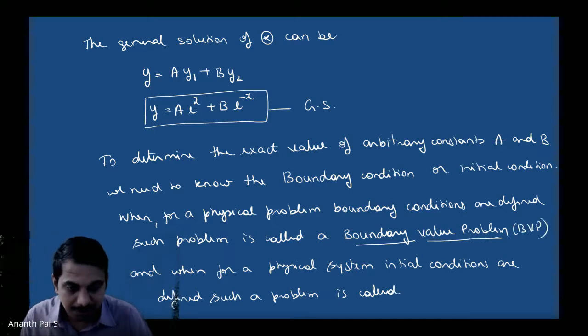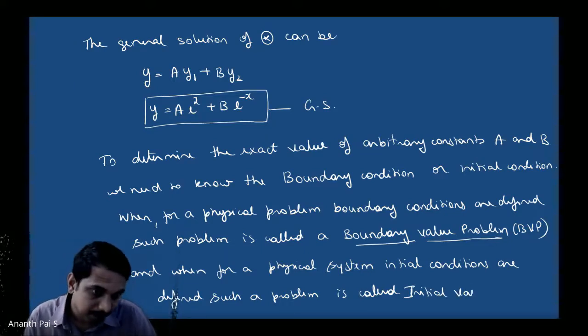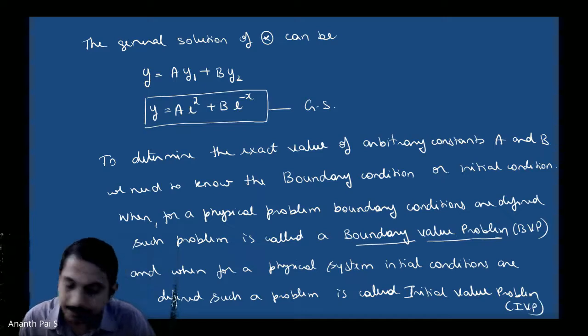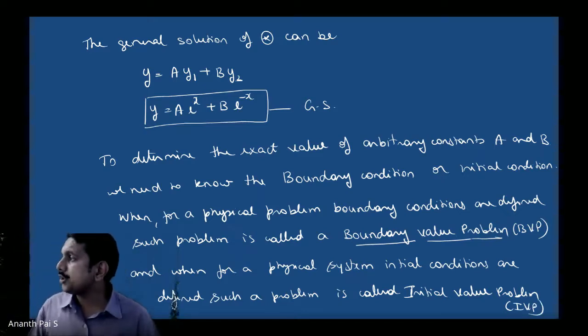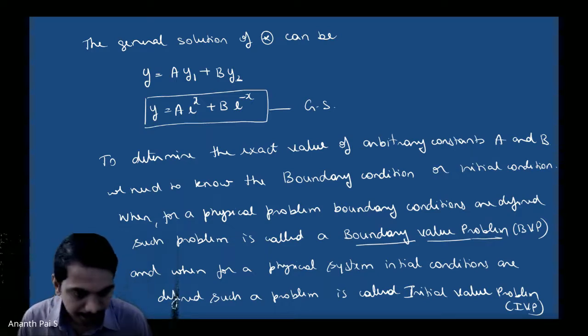Such a system is called an initial value problem, or IVP. BVP and IVP.